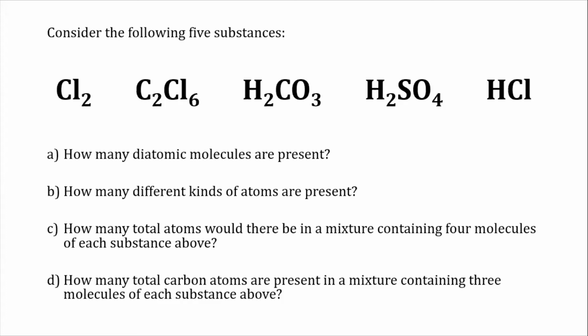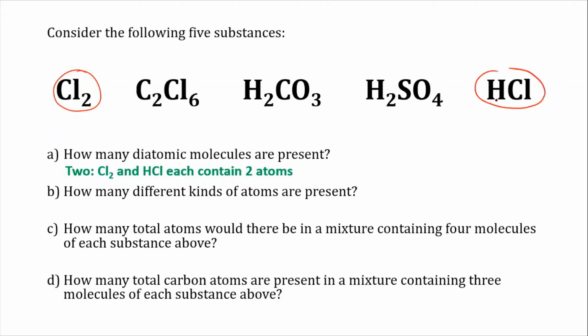So how many molecules contain only 2 atoms? Diatomic means 2 atoms. So we have 2 diatomic molecules present. We have Cl2, which contains 2 atoms of chlorine, and we have HCl.